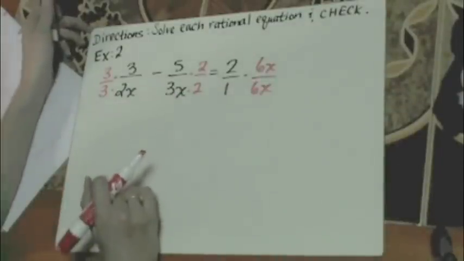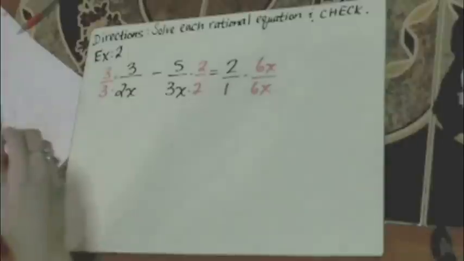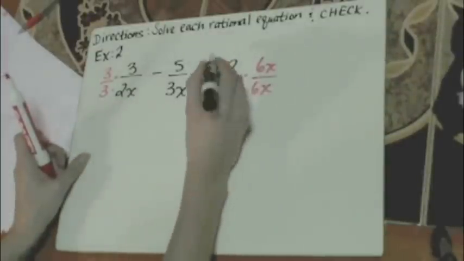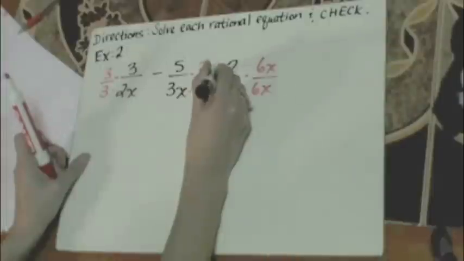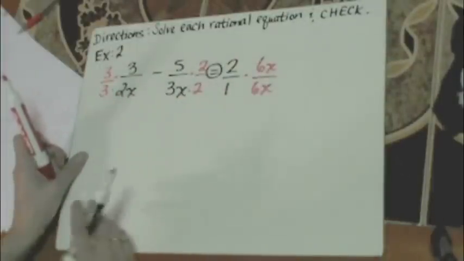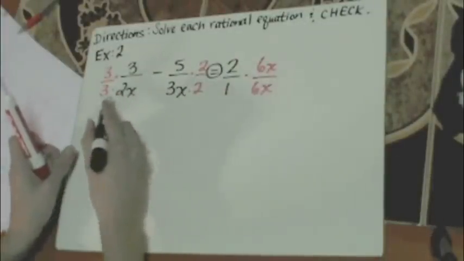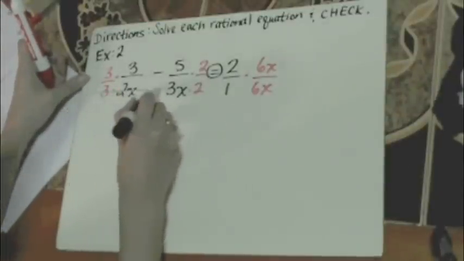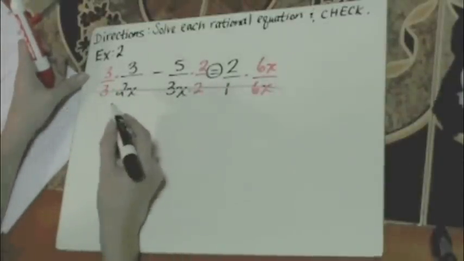Since these are all the same denominator, and since this is equals, that means these fractions are all equivalent now with the denominator of 6x. So I can wipe out this denominator. I don't need it.